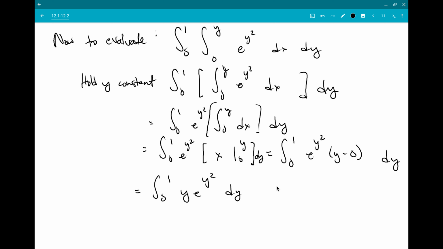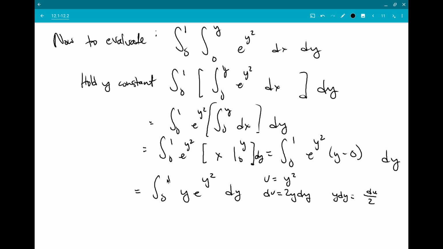And now I actually can take this integral. I say, oh, that's a u sub problem. I take u equal to y squared, du equal to 2y dy. So that means y dy is du over 2. I wish I knew which way you all tend to do.